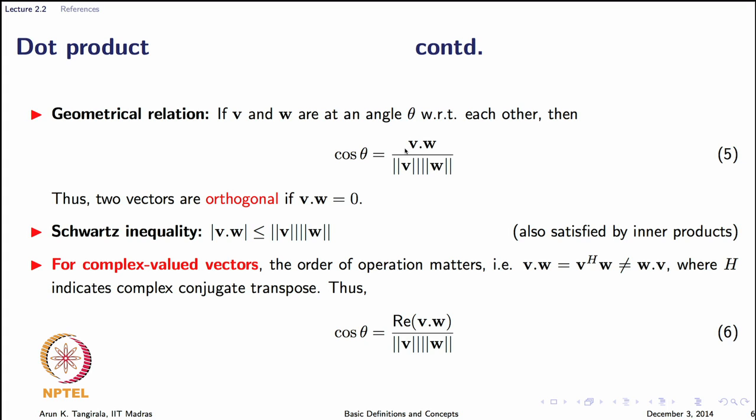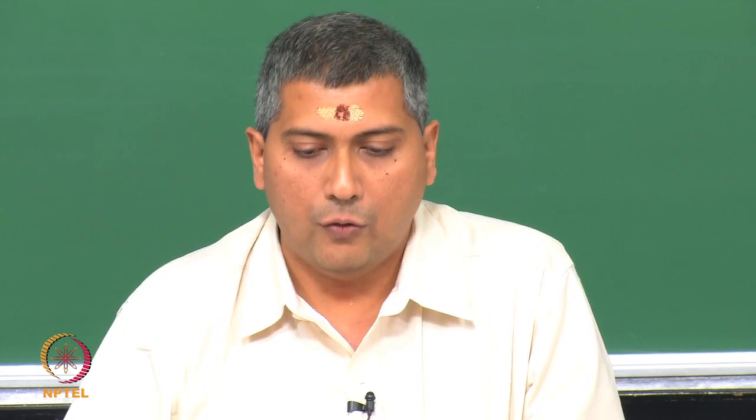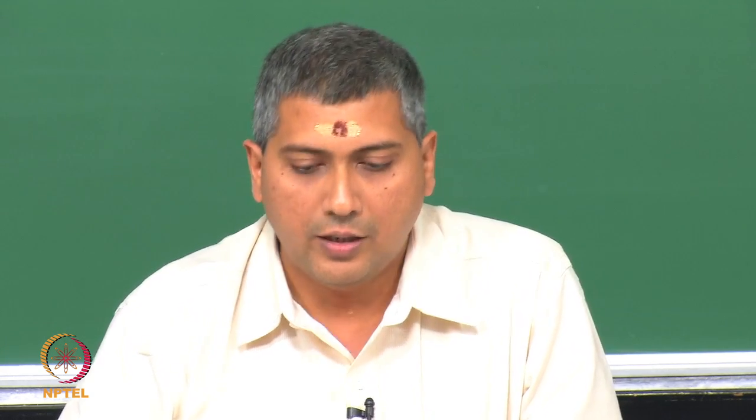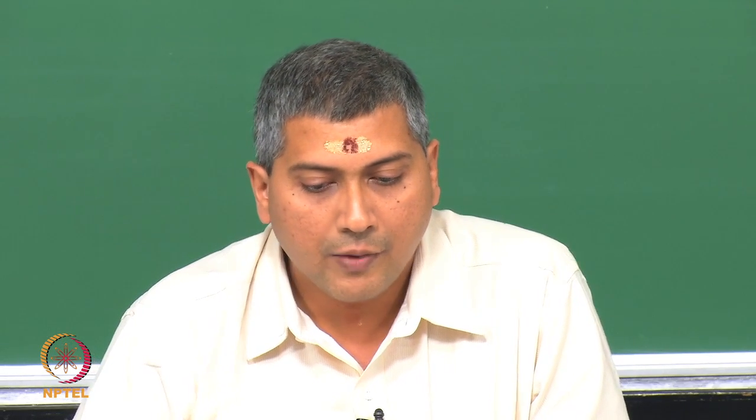That gives us also a definition of the angle between two vectors in terms of the dot product. Clearly from this result, if these two vectors are orthogonal, then cosine theta is 0. Naturally, then the inner product is 0. So that's a quick check for orthogonality of two vectors, and in fact it also constitutes a definition of orthogonality.